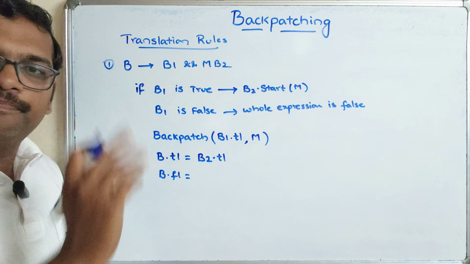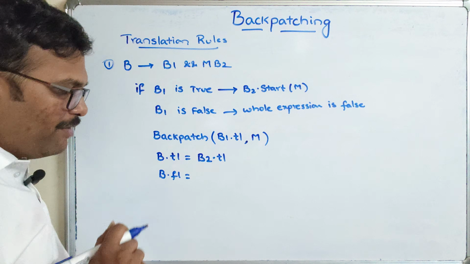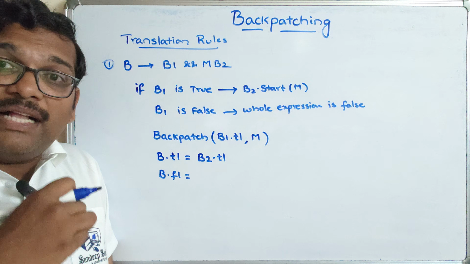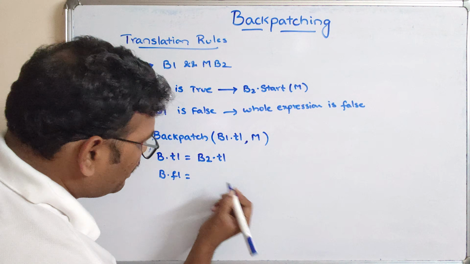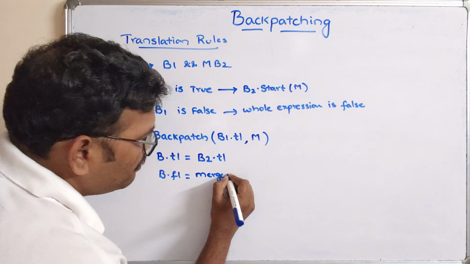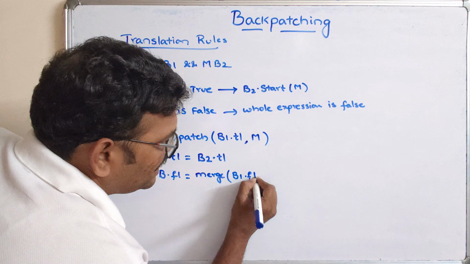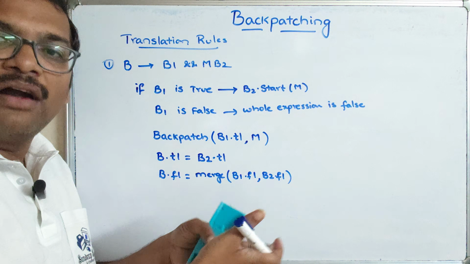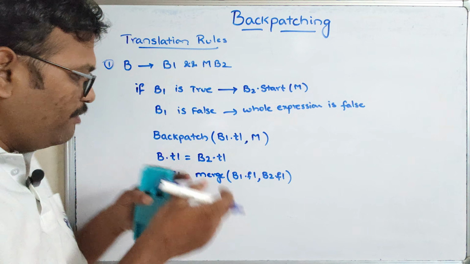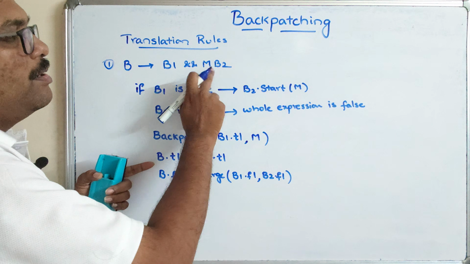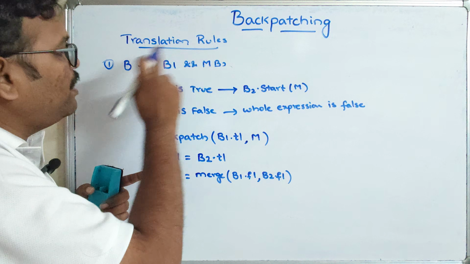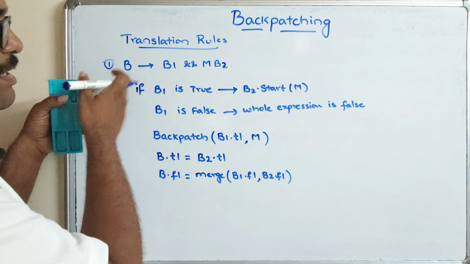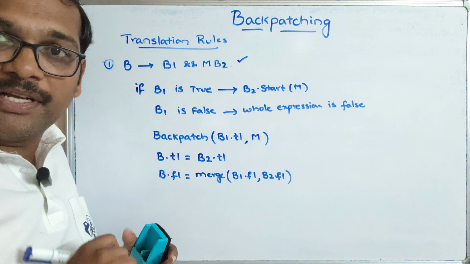And when B becomes false, either B1 is false or B2 is false, so it will be the merge function. If B1 is in the false list or B2 is in the false list, if any one is in the false list, automatically the result will be false. Whenever B2 is true, immediately B becomes true. So this is the first thing, which is an AND operation.